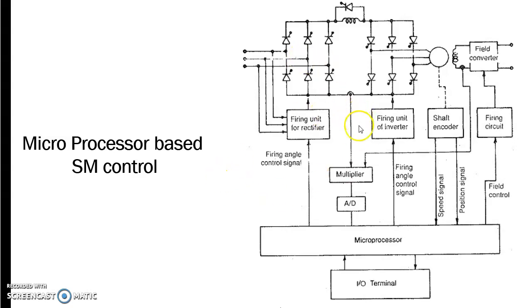So those things are associated with a microprocessor based system, and the main functions of a microprocessor are monitoring and control of the system variables for the purpose of obtaining desired drive features.